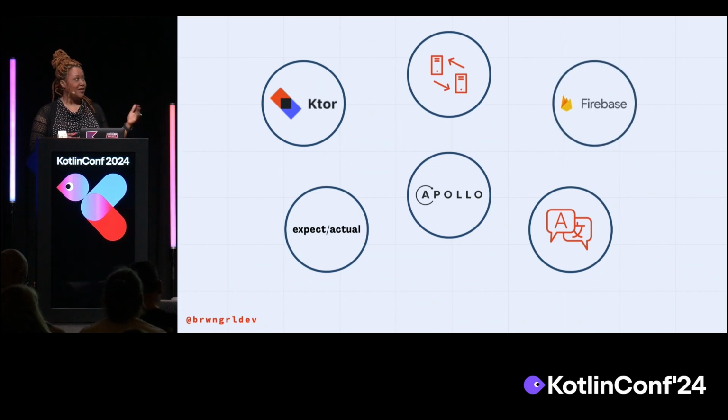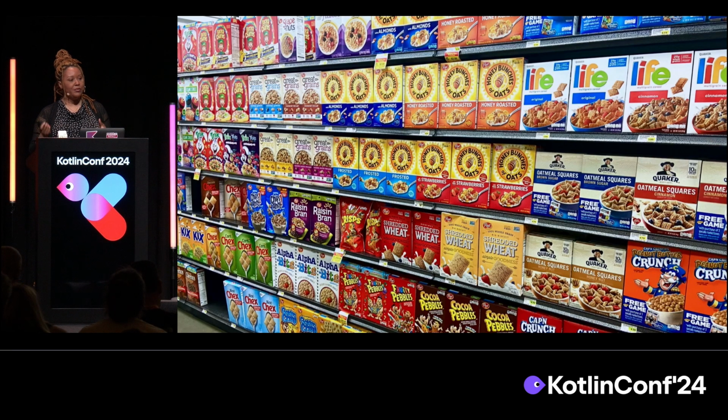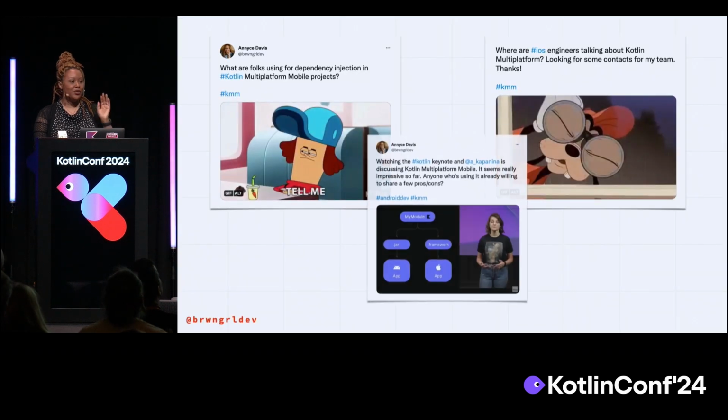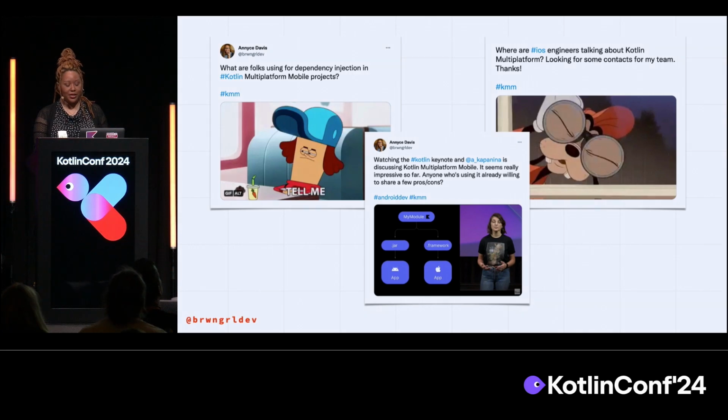Now, initially, we pretty much knew what libraries we wanted to use for our networking, our tracking, and our persistence. But when it came to some other features like translations and logging, we had so many options to choose from, like picking a cereal in America. It's just really a daunting task. So what do? We took to Twitter and we tried to get some answers.